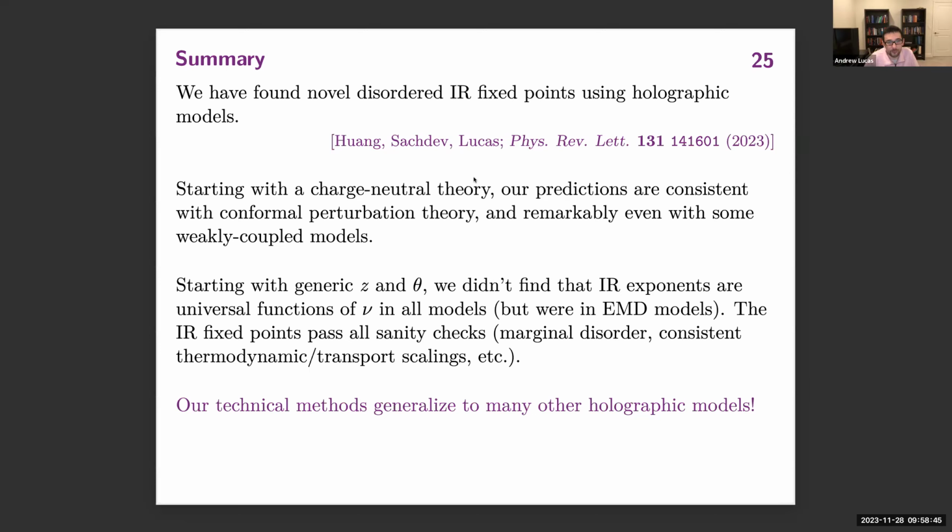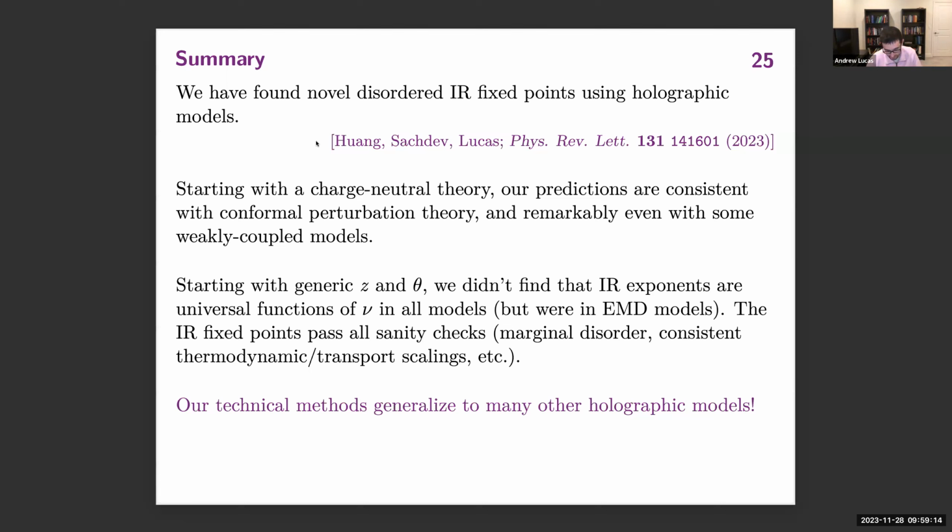So I can read. What repercussions does this insight have for absence of disorder-driven metal insulator transitions? I did this work about 8 years ago where we said that if you take Einstein-Maxwell theory in 4 bulk dimensions, so basically a 2+1 dimensional boundary theory, it's not possible to add disorder and reach an insulating phase.